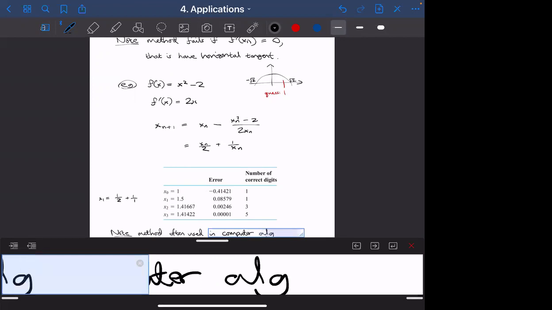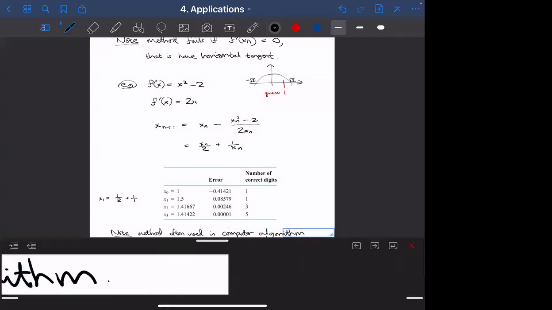So when you ask a computer to calculate a square root, this is probably what it does, because it only takes a few calculations. It's very easy for a computer to get lots of correct digits.